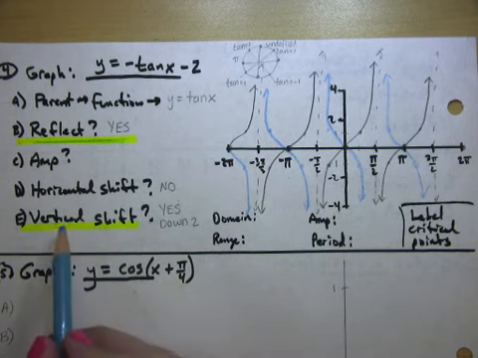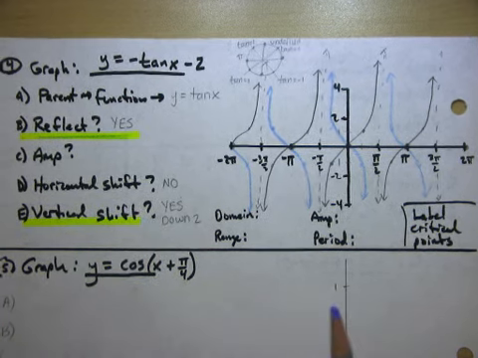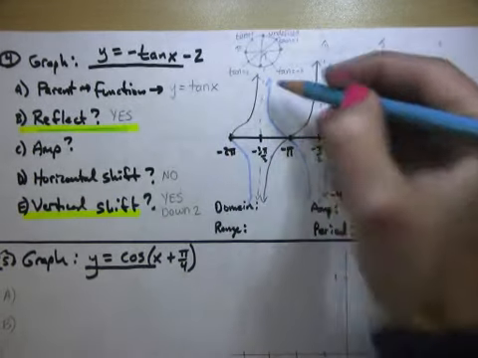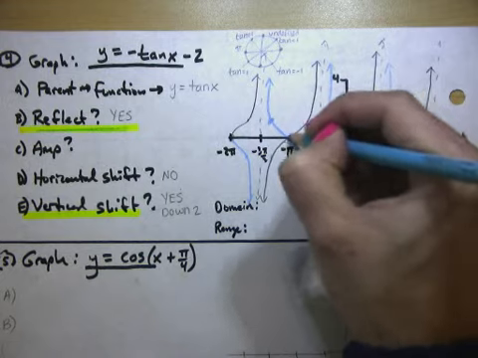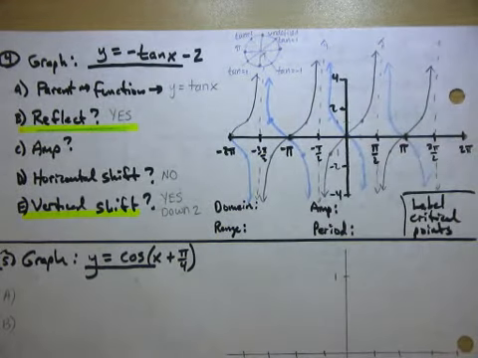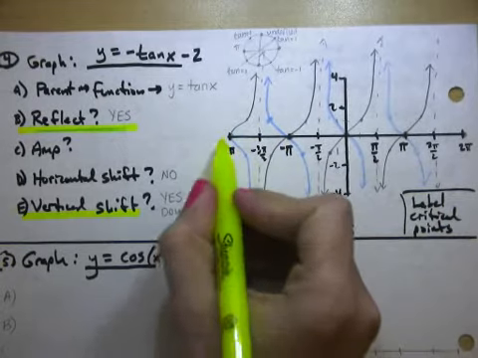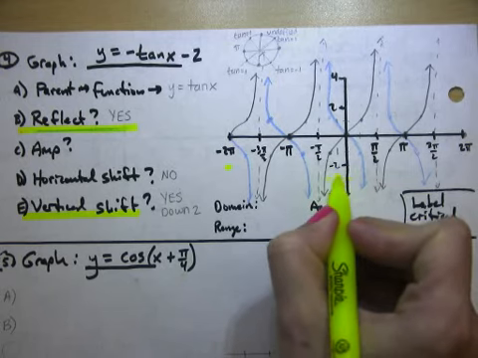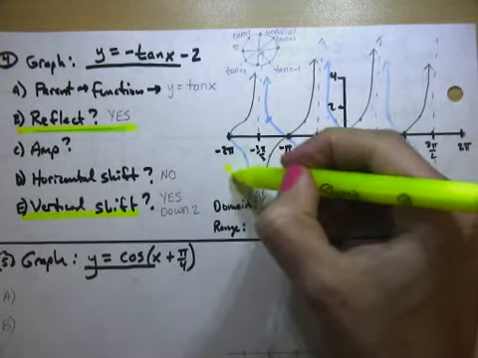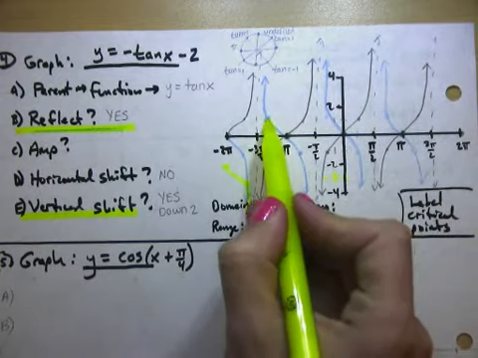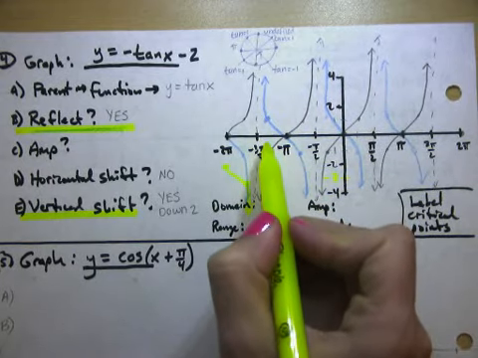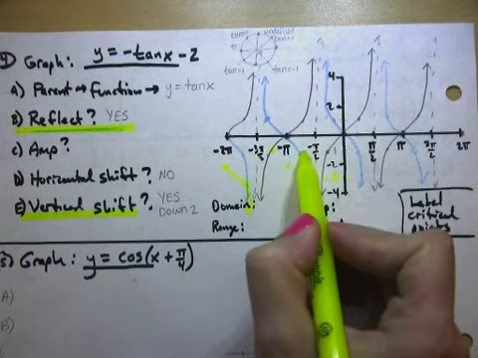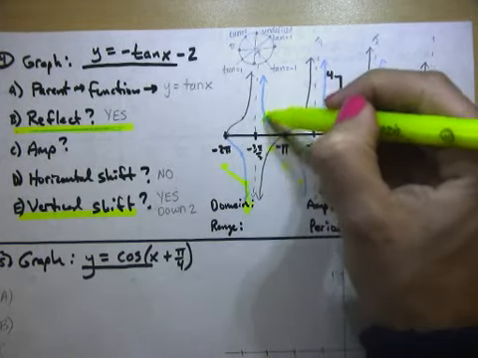All right, the last thing we're going to do is vertically shift everything down 2. In this case, our asymptotes, obviously, if we shifted those, they're not going to change position. But we see here that if we take these S shapes and move them down, we can just take our key points here that we graphed and move them all down 2 units. So this point here that was at 0 is going to get dropped down to negative 2. This point that was at negative 1 is going to get dropped down to negative 3, which would be right here. So 1 goes down to negative 1, 0 to negative 2, negative 1 to negative 3.